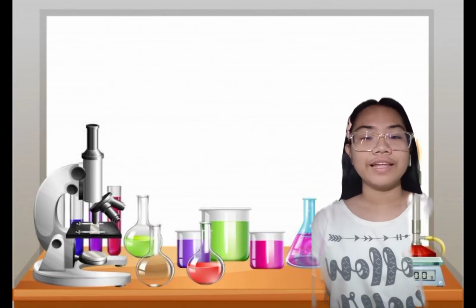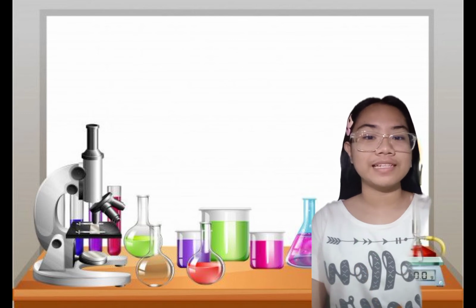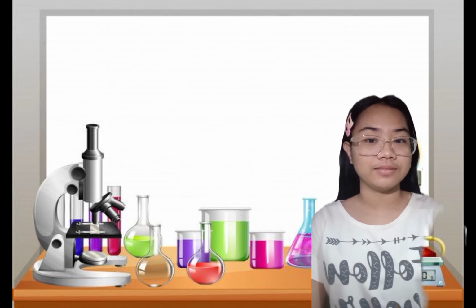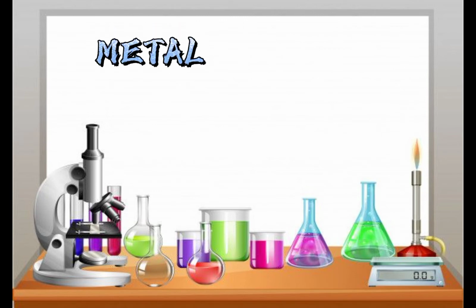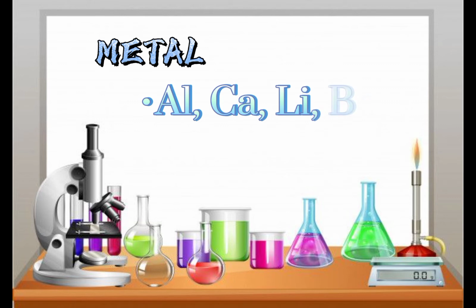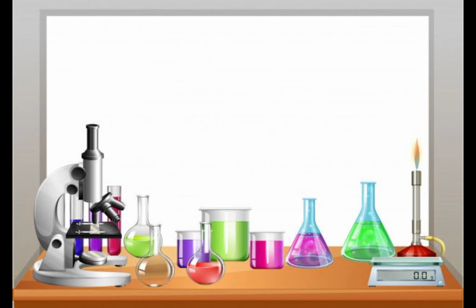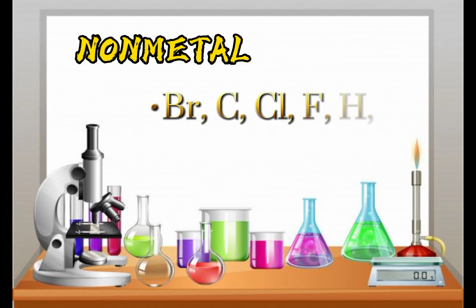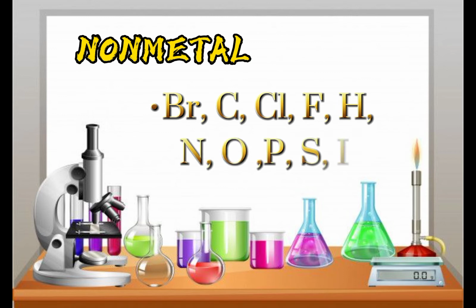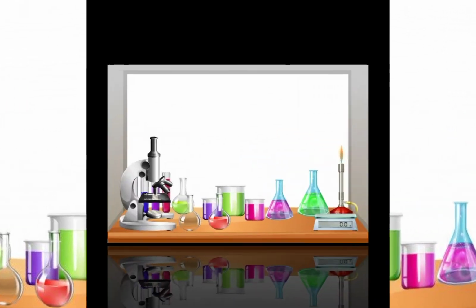Now, let us look at some elements that are metals and non-metals. In the metal group, we have aluminum, calcium, lithium, and beryllium. And in nonmetals, we have bromine, carbon, chlorine, fluorine, hydrogen, nitrogen, oxygen, phosphorus, sulfur, and iodine.